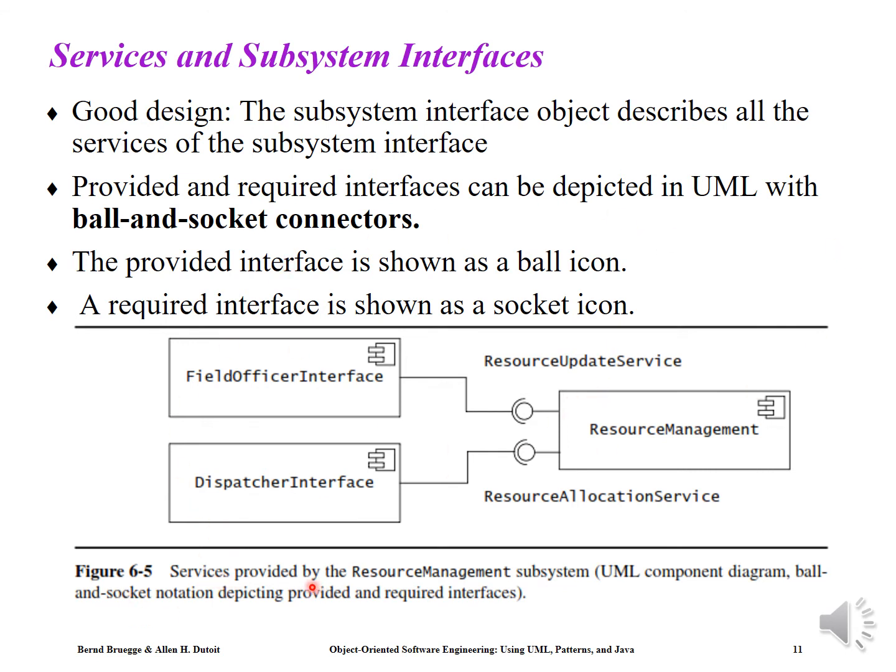So what this diagram shows are the services provided by the resource management subsystem, depicted by a UML component diagram with ball and socket notation depicting provided and required interfaces. The diagram shows that resource management provides the resource update service interface and the resource allocation service interface, and these two subsystems require these interfaces to complete their operations.